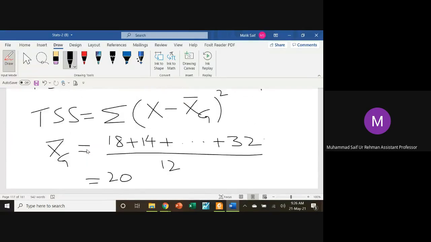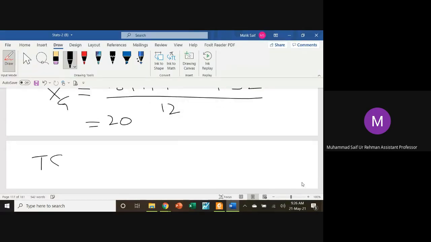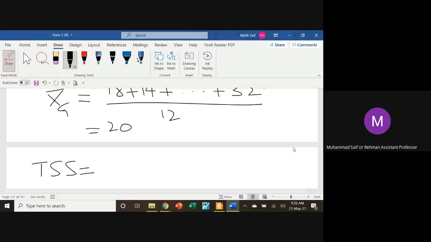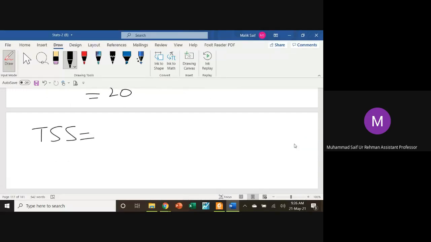Then what will you do? TSS, you will write down over here TSS, and the summation sign is there. This is the summation sign. It means that all terms will be added. The first term will be 18, so you will write 18 minus 20 squared, plus the second number, 14 minus 20 squared, plus so on.